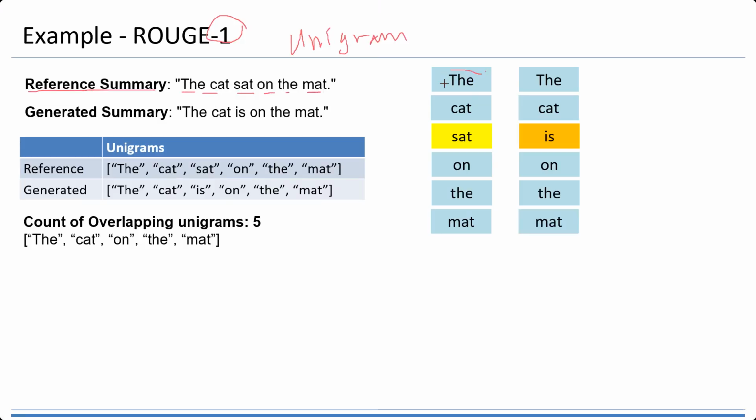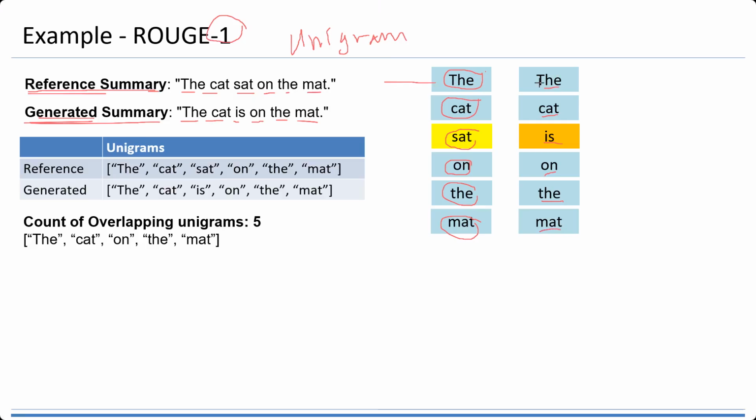This is the reference. For the result of the summarization, we get the generated summary, which shows like this: the cat is on the mat.